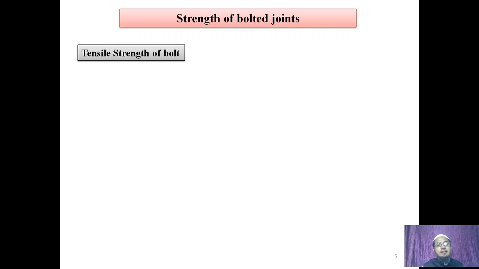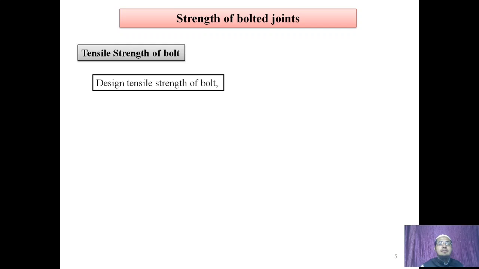When the bolt is under tensile load, there may be yielding of the bolt, and after the end of its limit of carrying capacity of tensile load, it will fracture. To avoid such tensile failure of bolt, we have to know the tensile strength of bolt, and IS has stated that the design tensile strength of bolt should be greater than the factored tensile force applied on the bolt or member.